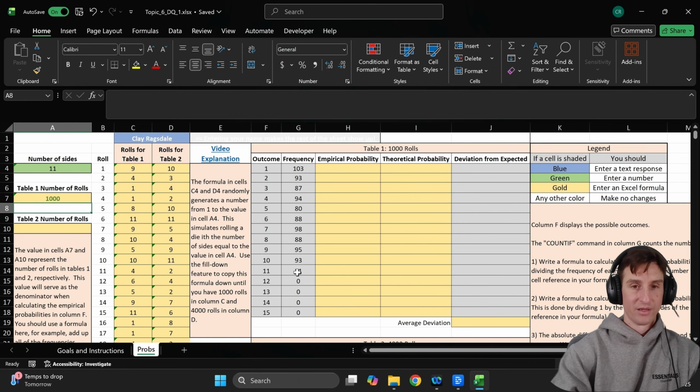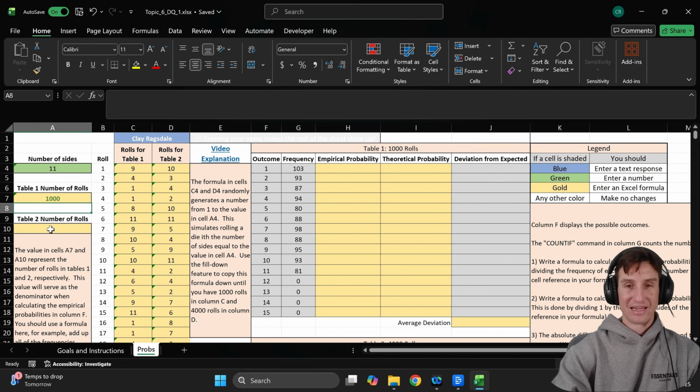Enter. We do indeed have 1,000, and I'm going to mention two different things. One, you may have just noticed that all these numbers updated. That is absolutely fine for this. They will continue to update. Do not worry about that. And two, the way you want to read this is that my outcome for 1 was it happened 103 times. My outcome for 2 was that it happened 93 times, 387, and so forth. So that is it for table 1 number of rows.